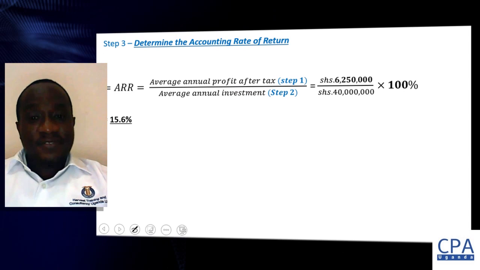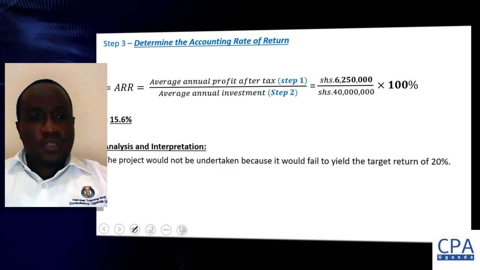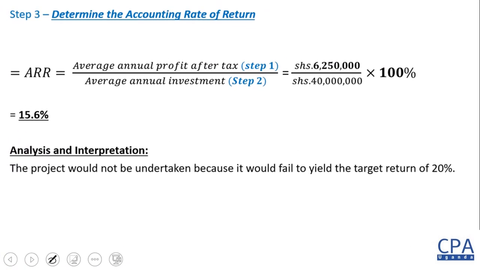All right, for purposes of the examination, do not leave these figures hanging. You must give an analysis of the figure that you get. So we shall proceed by giving our analysis and interpretation, and we shall say our project will not be undertaken. This is very sad. We are not going to undertake this project. And what's the reason? The project has failed to yield the target return of 20%.